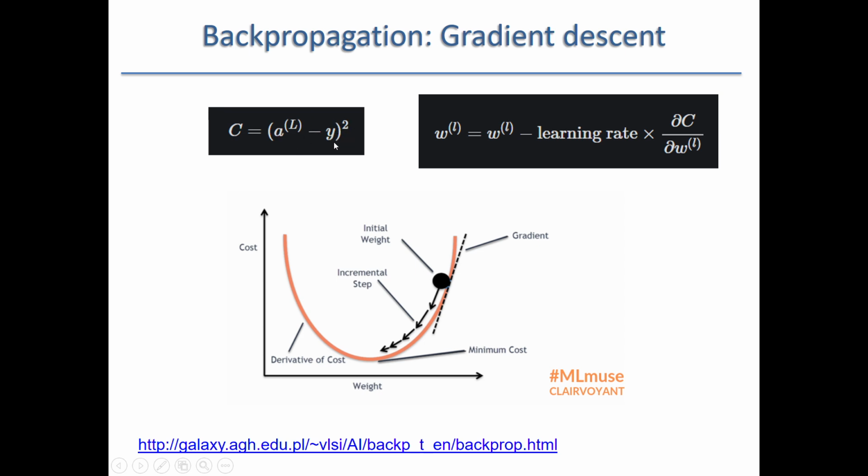Here, just for simplicity, we have assumed that we have a scalar output, but you can have a vector output, and then this would be the norm of this difference.